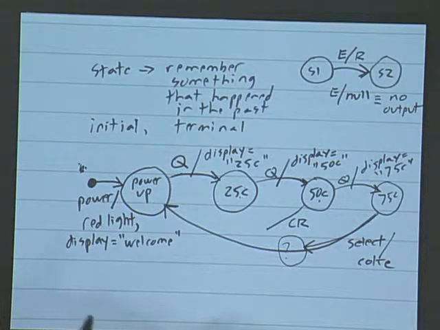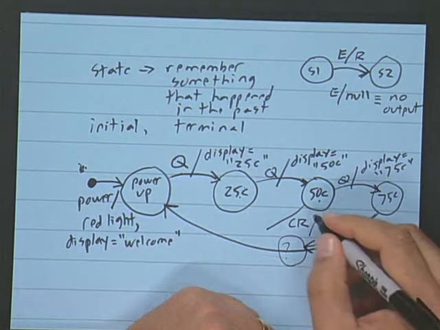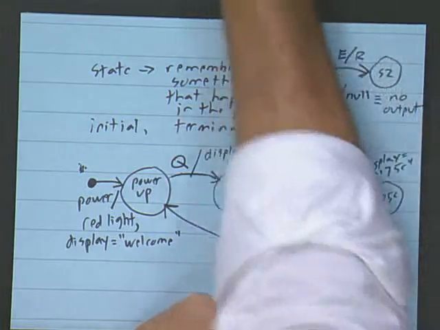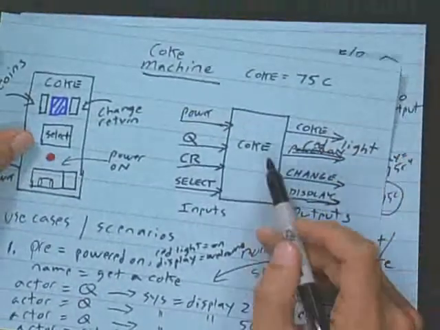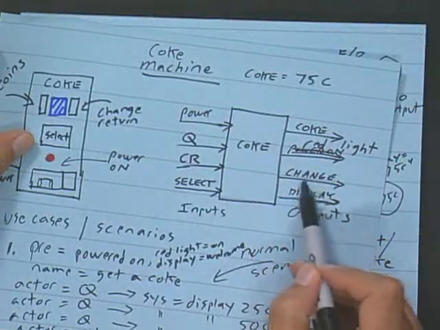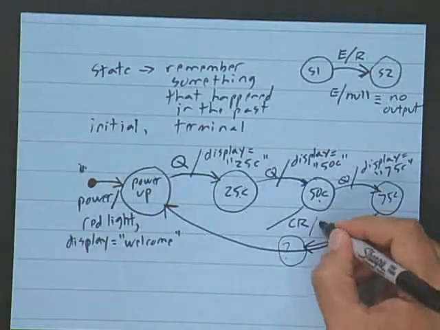What happens when you hit change return after you deposited money? Well, the machine should give you the change, right? So if I were to go back to my boundary diagram, the response is going to be change, right? So let's put that here, change.